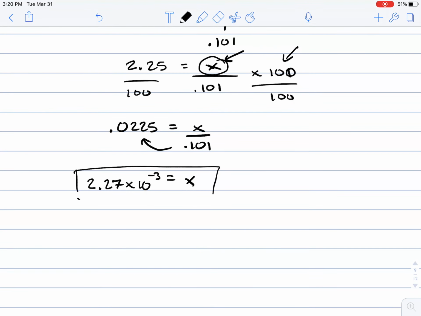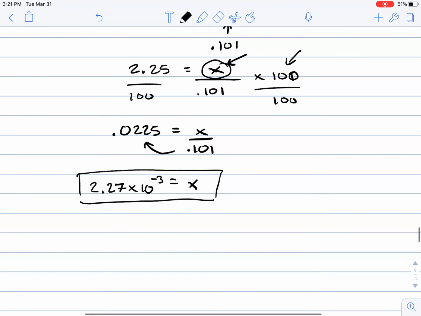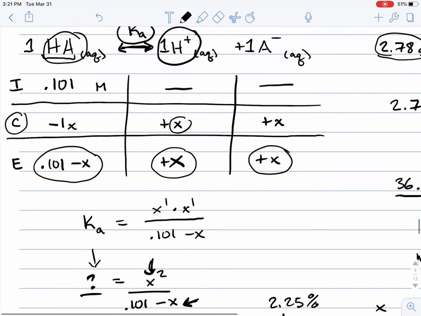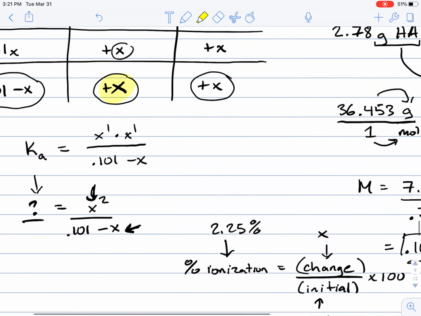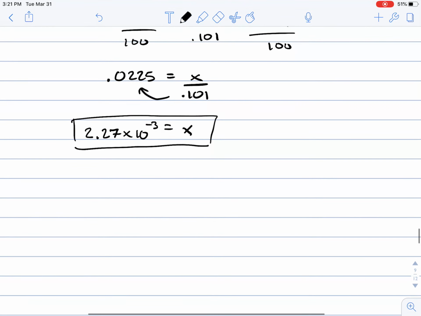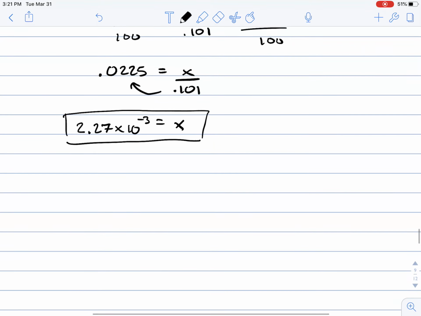Now that we've solved for x, we can actually answer two items. Remember that x represents the change. And if you look at the equilibrium expressions for this hydrogen ion, it's also x. So by solving for x, we've already determined the hydrogen ion concentration at equilibrium, and that's going to be 2.27 times 10 to the negative 3 molar.